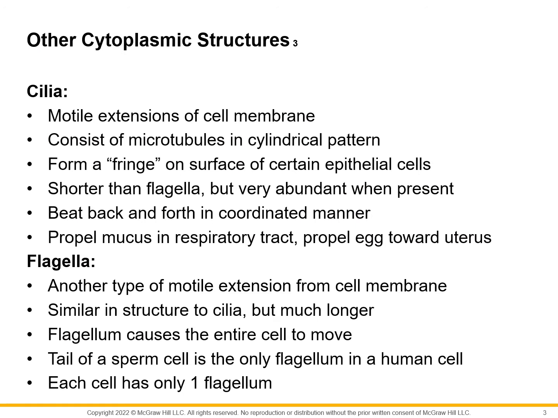The very first one we look at is a surface modification called cilia. Cilia on the surface of cells are hair-like extensions. We looked at this in the histology lab, the pseudostratified columnar epithelium lining your respiratory tract, which has cilia on the surface.